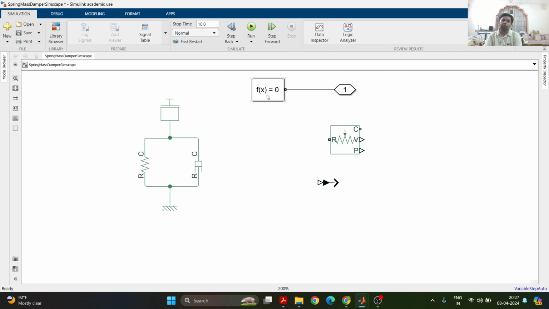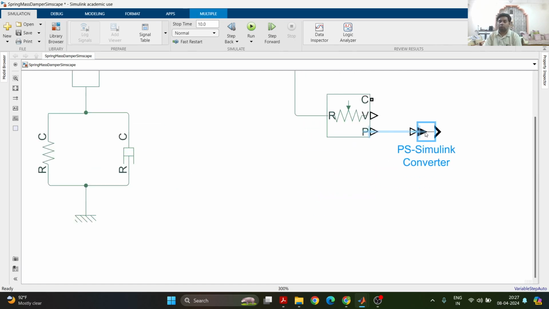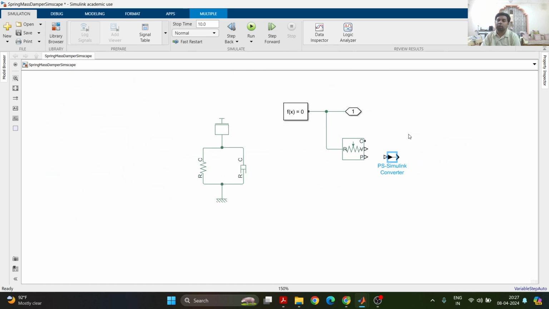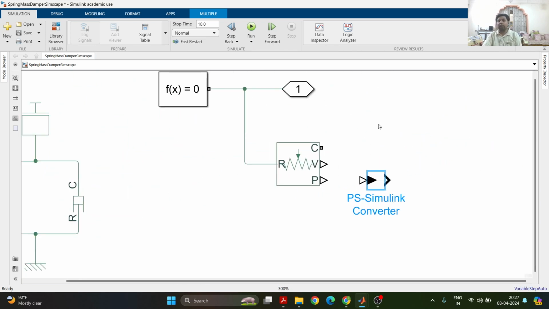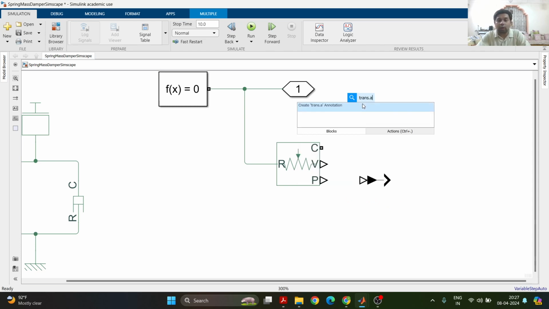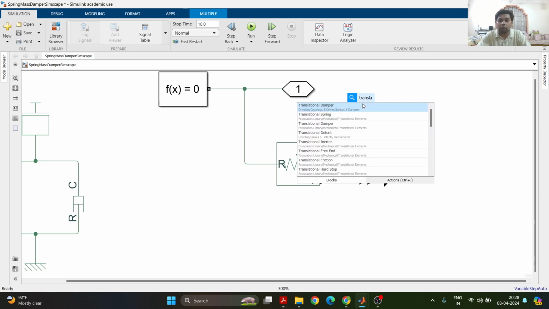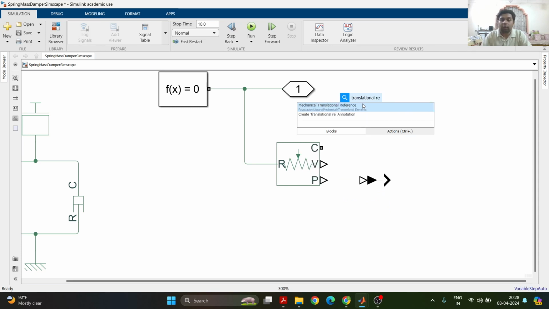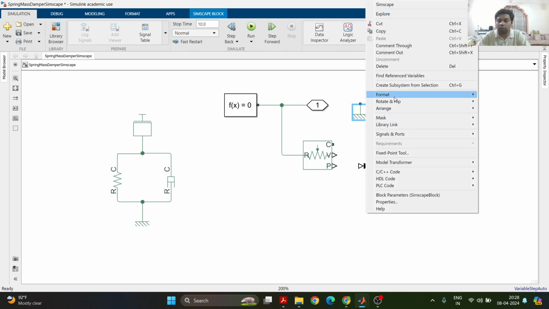So this is a solver configuration block, and this output is given to this block, and this measures the relative velocity or relative position with respect to some reference, which is provided in the C port. So again we have this translational reference block, and we can use the same thing here.